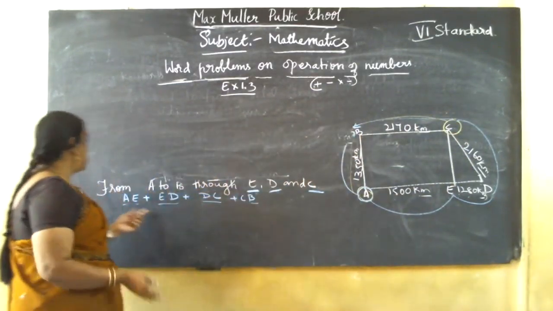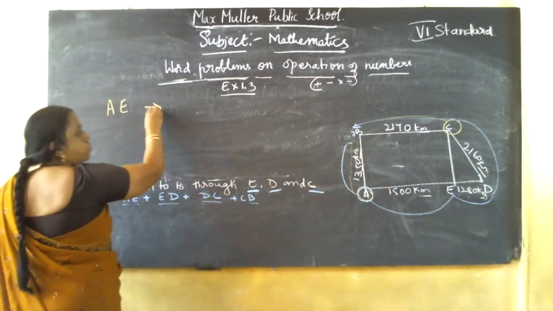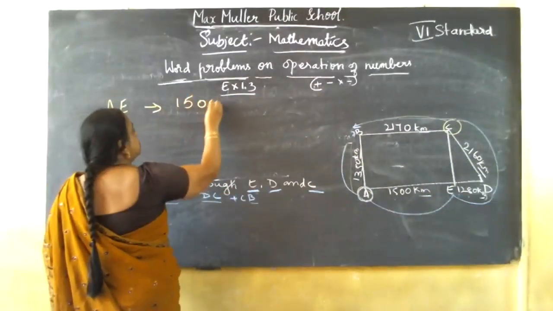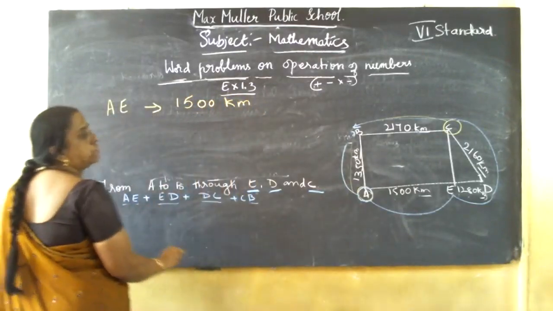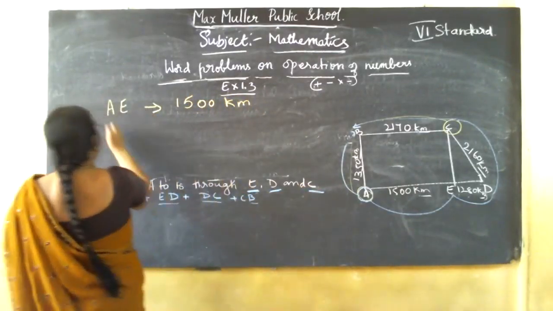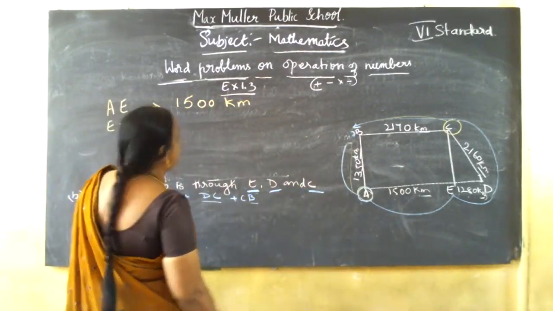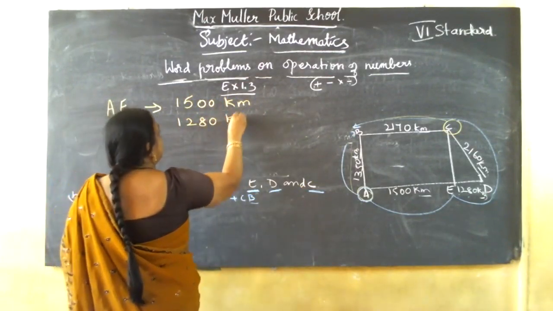First I'll go AE. AE equal to how much? 1500 kilometer. Then E to D. ED equal to 1280 kilometer.